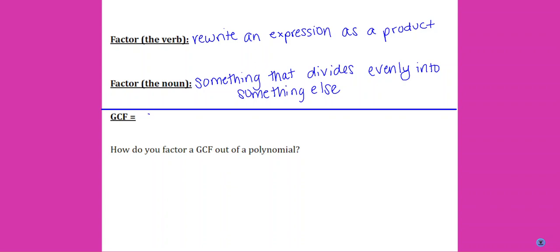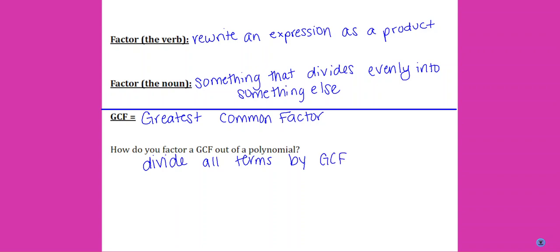GCF stands for the greatest common factor. How do you factor GCF out of a polynomial? You're going to divide all terms by the GCF.